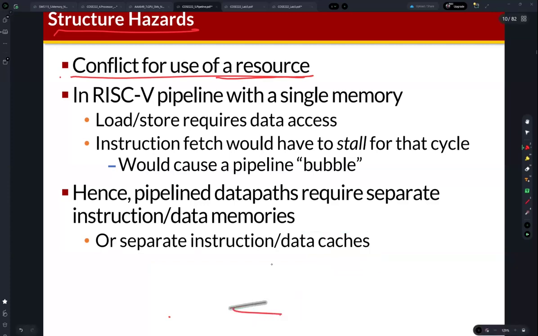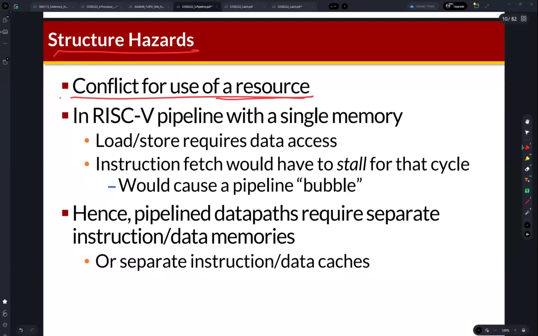Actually, in the pipeline architecture, you cannot observe a structure hazard. But in a real processor design, we can observe many structure hazards.